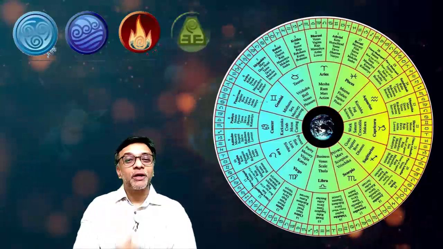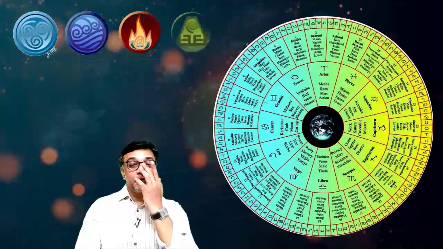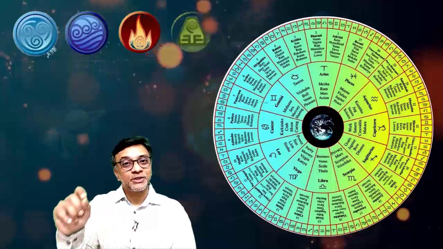Think about it for a second. The mid pada of all the three water signs, which are Cancer, Scorpio and Pisces, is Scorpio, which means the true representative at a karmic level of the fire signs is Leo, of the earth signs is Taurus, of the air signs is Aquarius, and of the water signs is Scorpio.